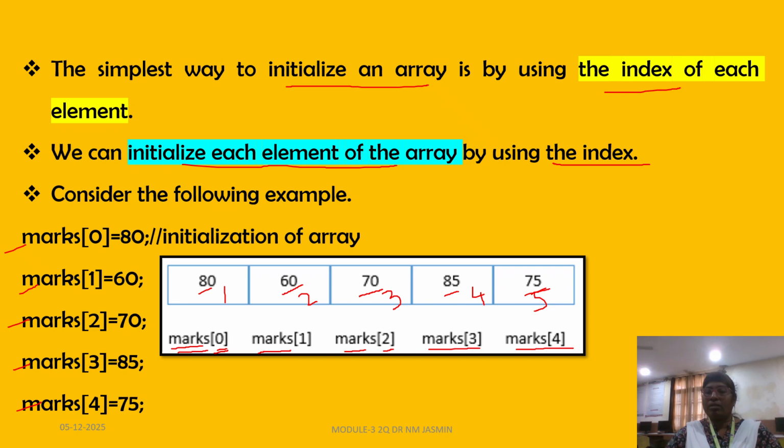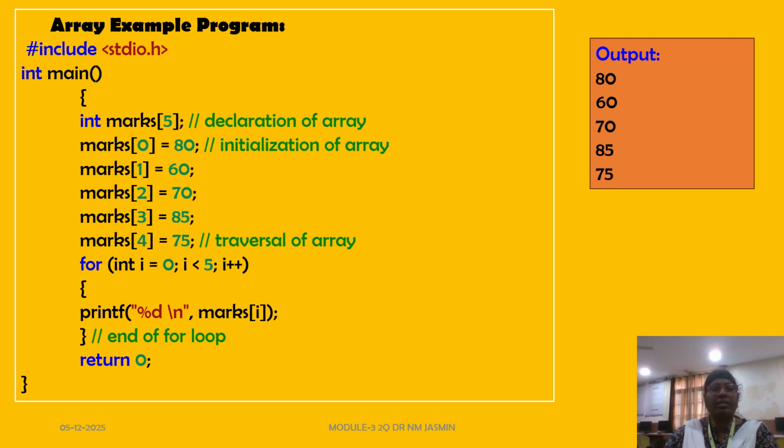Okay, so next if you go on to the next slide, here you can see an example program. So whenever they have asked for one example program, first go with the header file of the C program and start the main function of the C program with int main, and now the execution part will start with curly brackets.